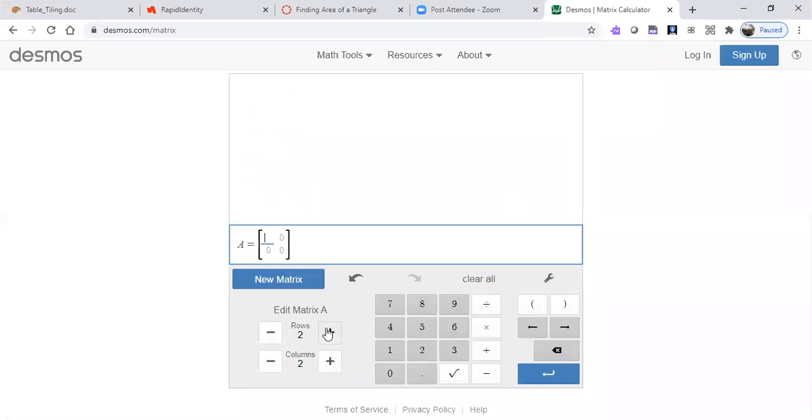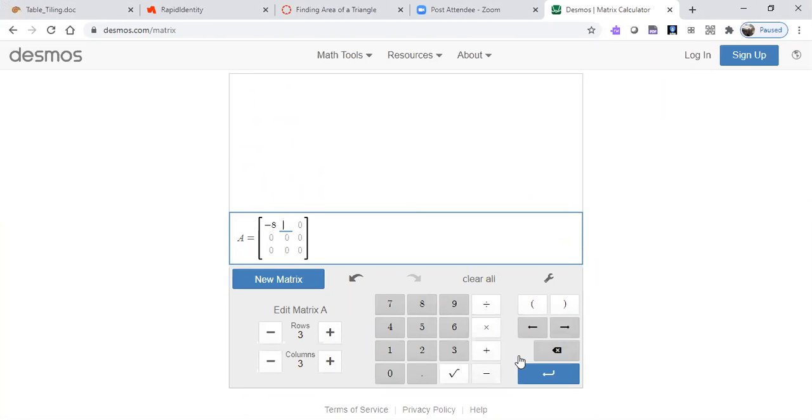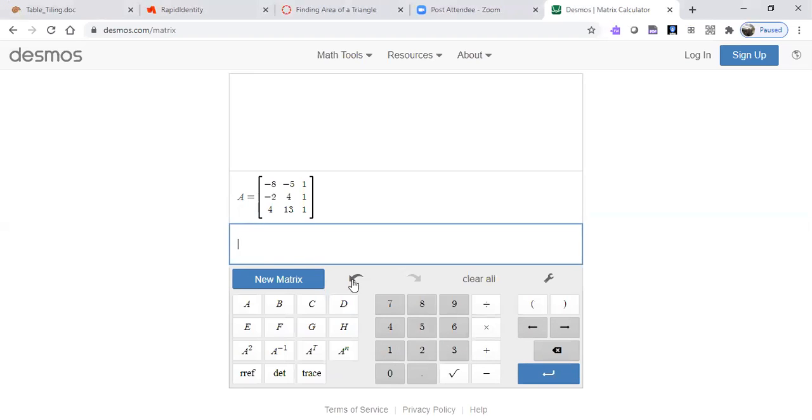So when I do new matrix, I'm back to an A matrix. And it was negative 8, negative 5, 1, negative 2, 4, 1, and 4, 13, 1. 1/2 of the determinant of that matrix is 0.